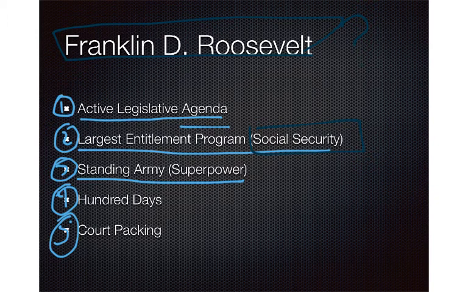The idea that we shouldn't have big armies because big armies would oppress the local population. It would be too much power for government, and specifically the federal government. But this will be a shift, and the president, as the commander-in-chief, will end up benefiting from the superpower status of the United States in the wake of World War II.